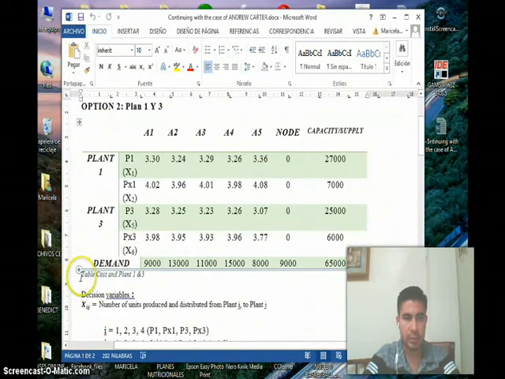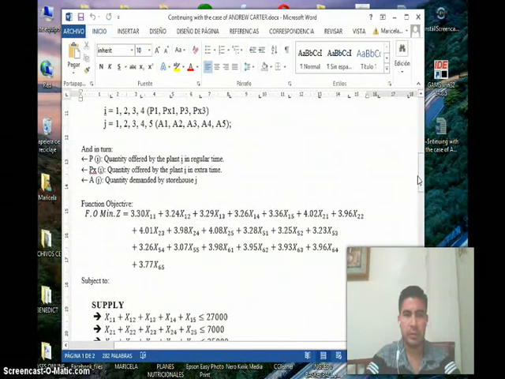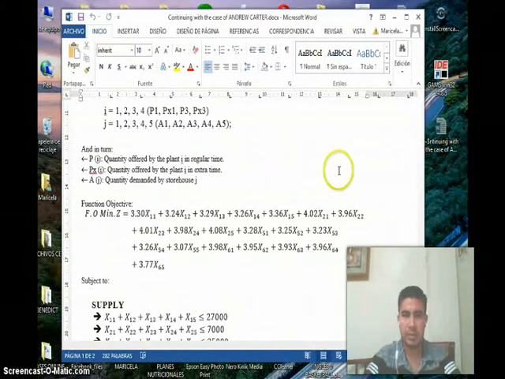In this picture, we see the table of costs for plants 1 and 3, capacity supply in the column, and demand in the row. The decision variables are the number of products distributed from plants 1 and 3, and the variables quantify the offer of the plant in regular time, the offer in extra time, and the demand by storehouse.